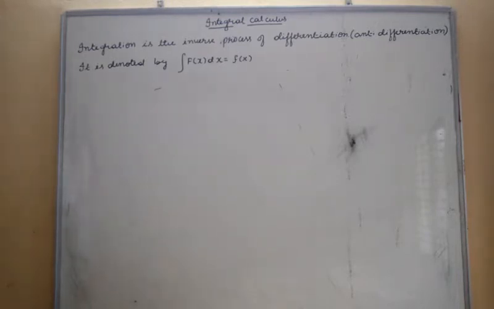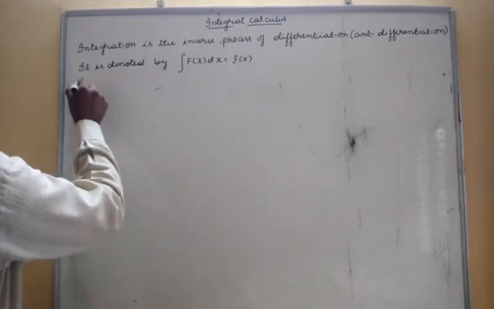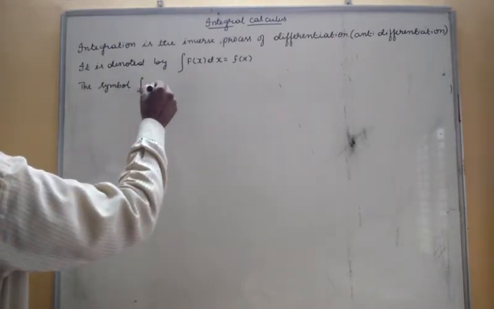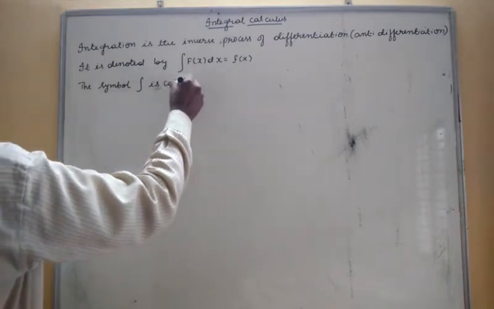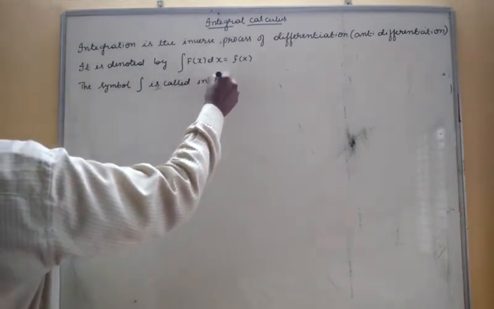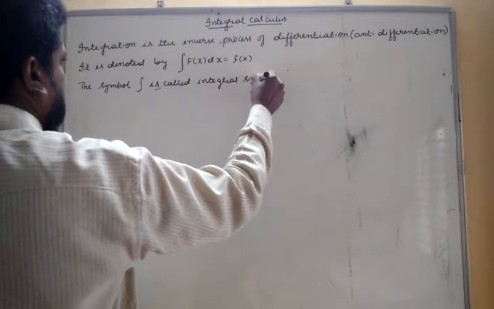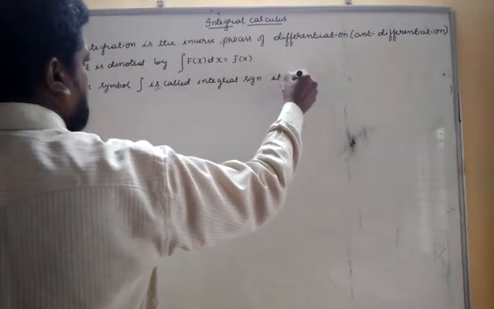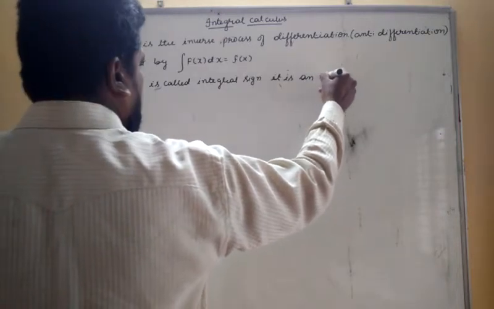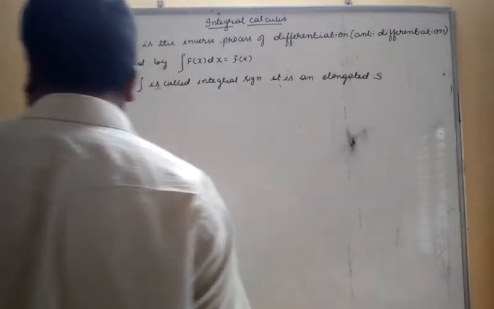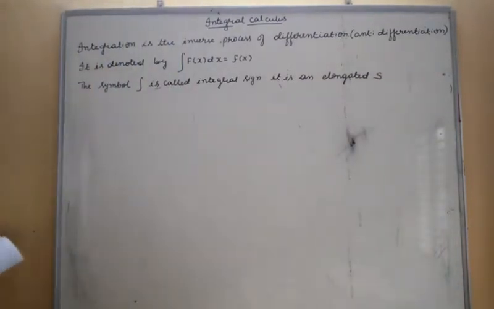So the symbol is called integral sign. It is an elongated S. Okay, let us take the example.